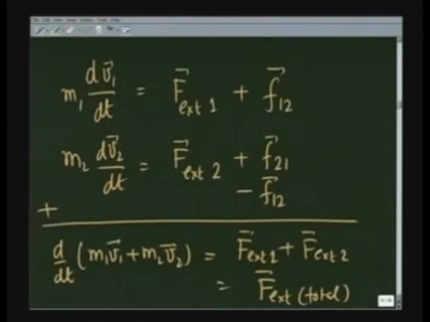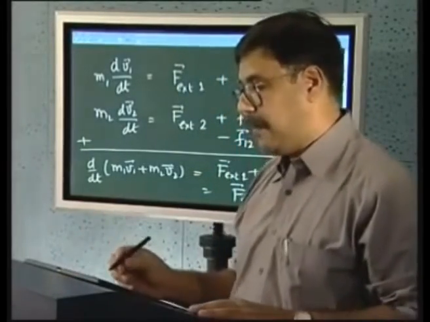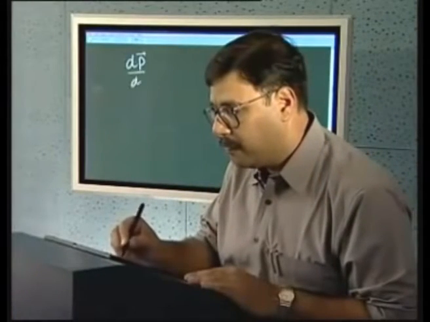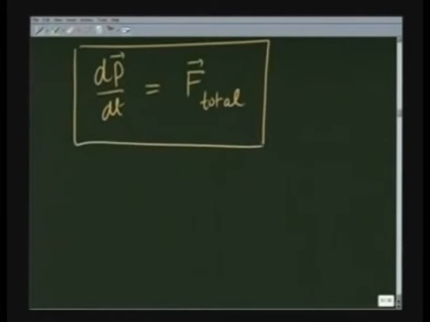So as long as Newton's third law is applicable, what I learn is that, given a system of particles, the rate of change of total momentum is equal to the net or total force applied from outside, no matter what is happening between the particles.